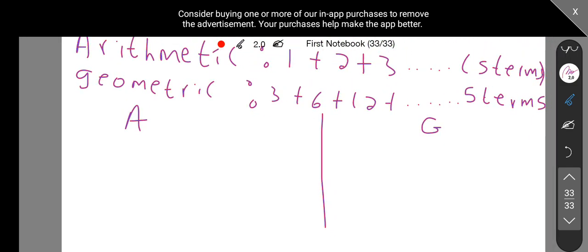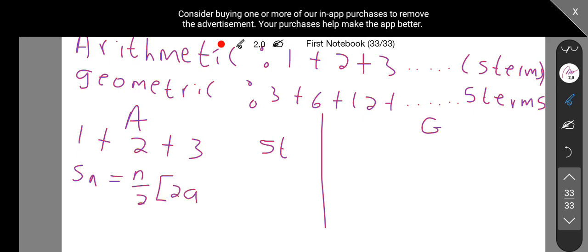Okay, so we can say that for an arithmetic we have 1 plus 2 plus 3, and the terms are 5 terms, okay? So we can say that Sn is equal to n over 2, 2a plus n minus 1 multiplied by the difference.